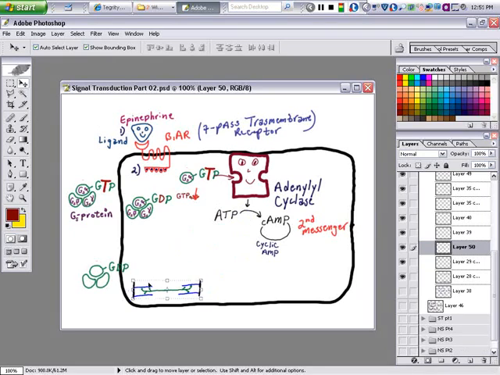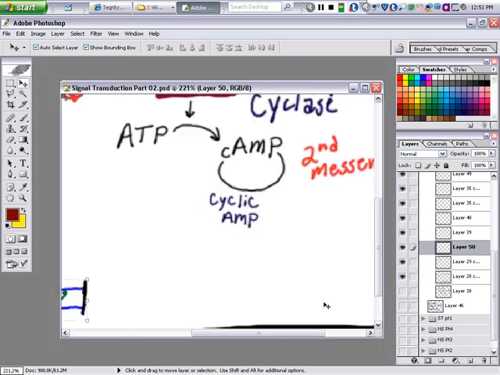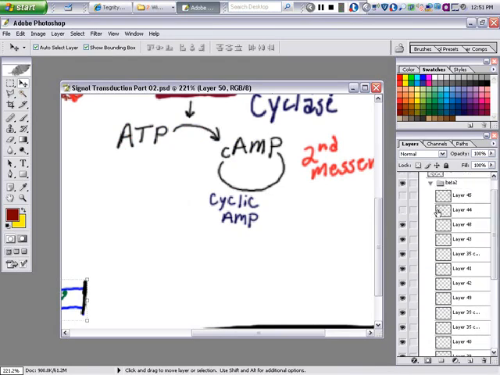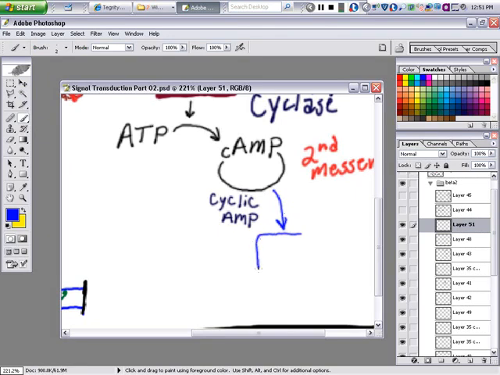Okay, now we have cyclic AMP. Let's continue. Cyclic AMP is now going to go to another protein. We won't put the name yet.